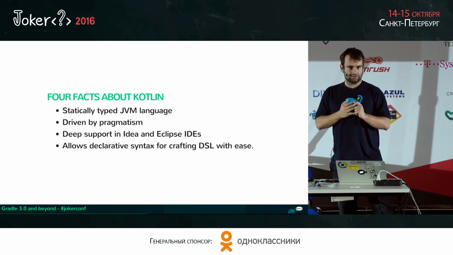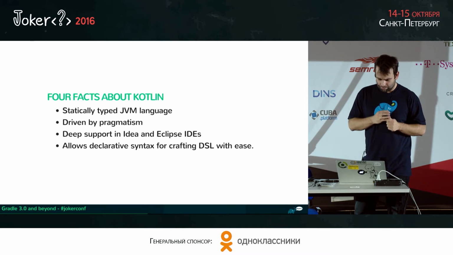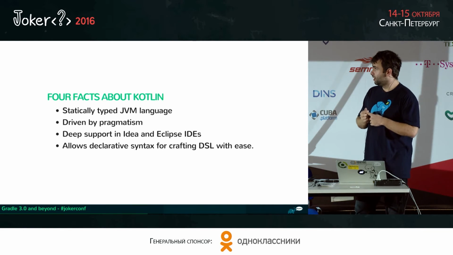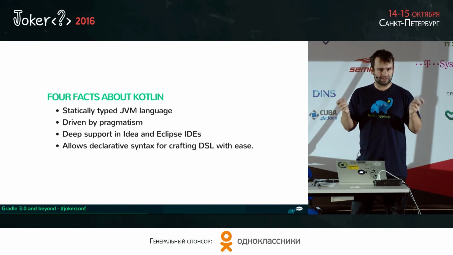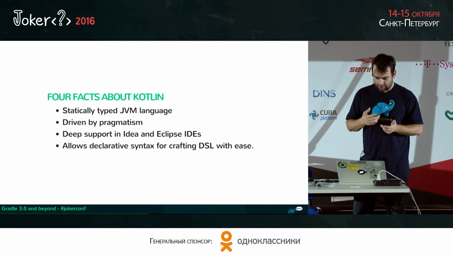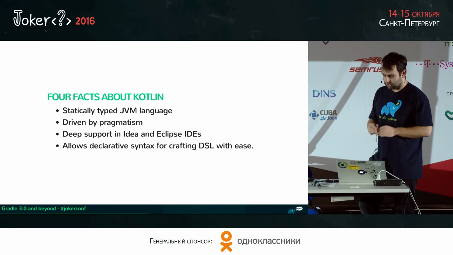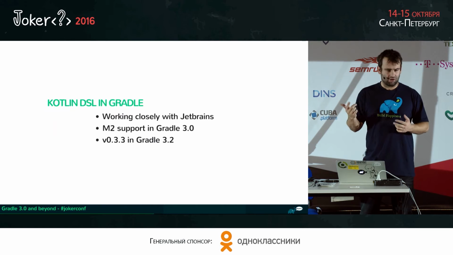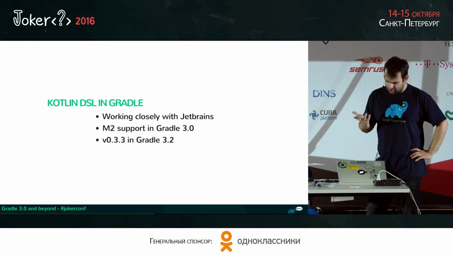Any NetBeans people here? It looks a bit like a mix of Groovy and Scala, and it allows a declarative syntax for creating DSLs with ease. There have been some Kotlin talks, so I'm not going into detail on how Kotlin looks itself.